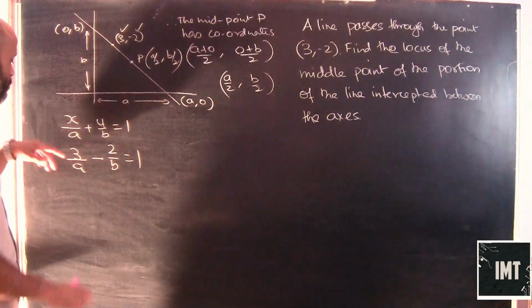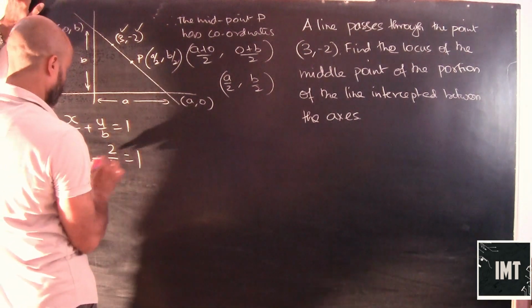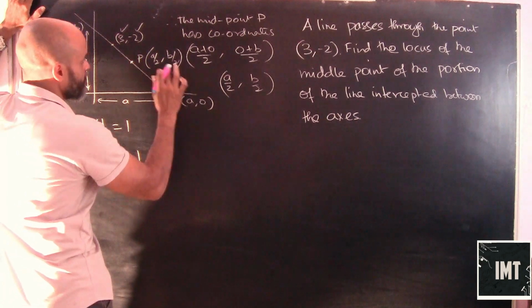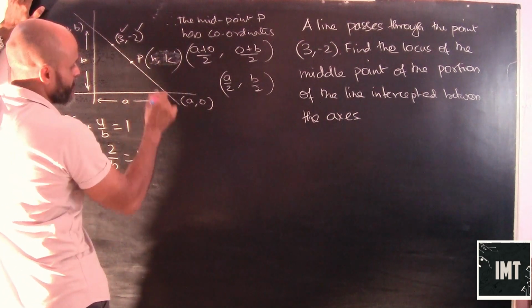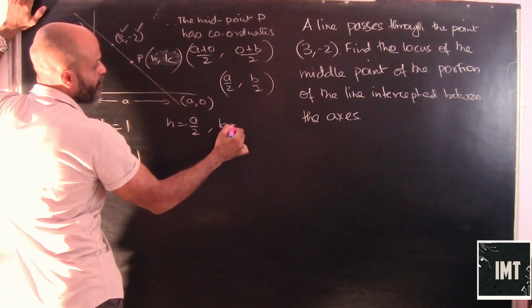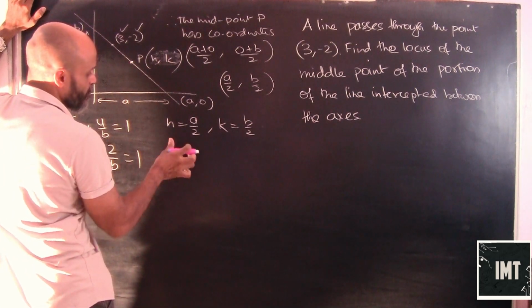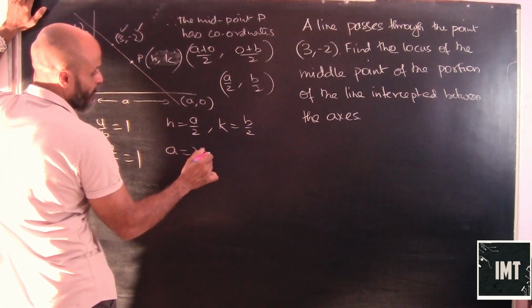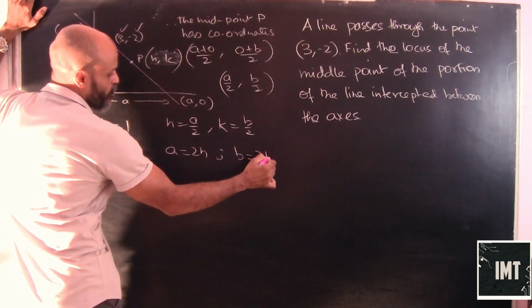Now let's say we call the midpoint (h, k). So h is a by 2 and k is b by 2. So a is equal to 2h and b is equal to 2k.